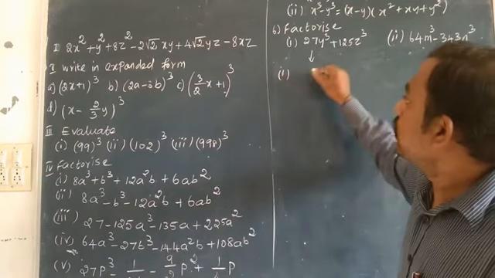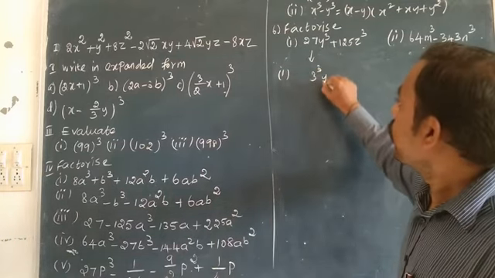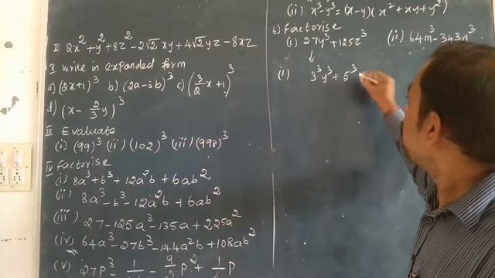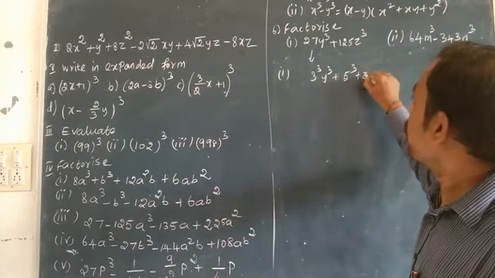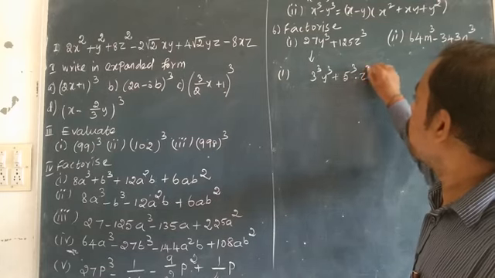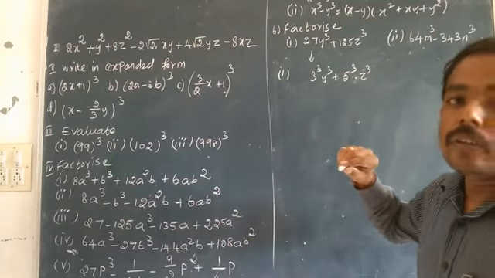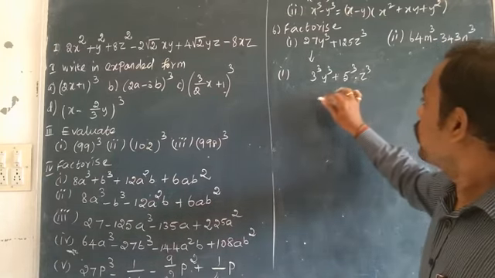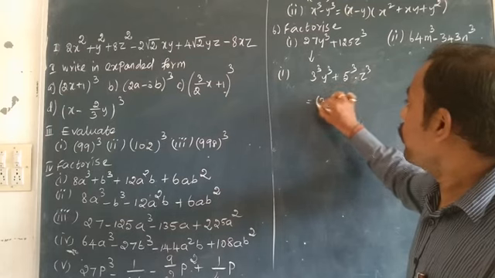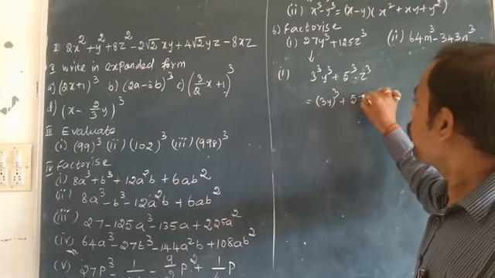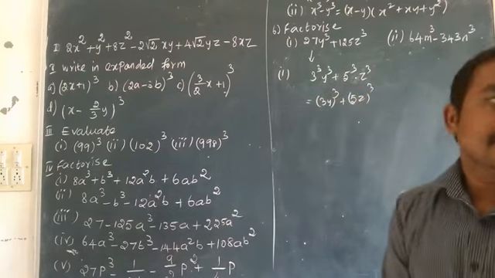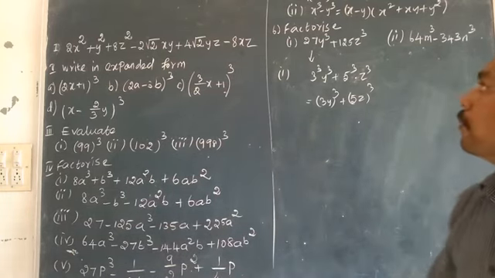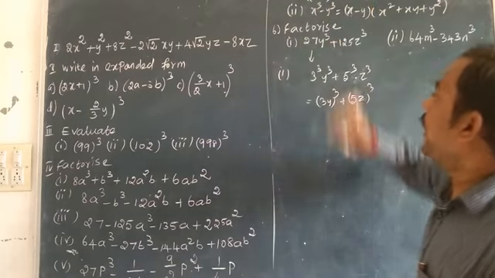We can write 27 as 3 power 3, y power 3, plus 125 we can write 5 power 3 into z power 3. So we can write this thing as (3y) whole power 3 plus (5z) whole power 3. So you can use the a cube plus b cube identity.